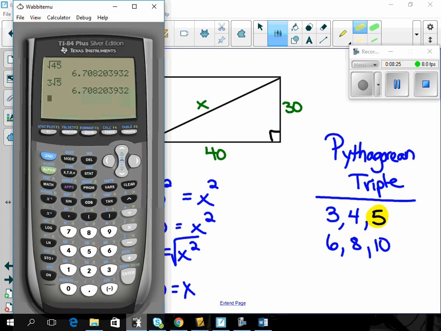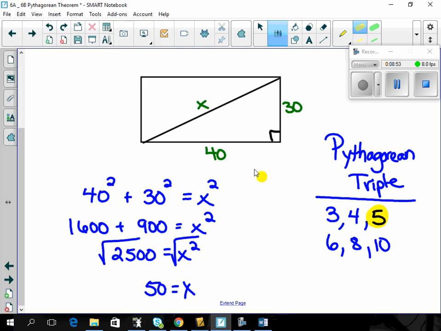Let's just double check it. 3 squared plus 4 squared does in fact equal 5 squared. Same thing with 6, 8, and 10. Because 10 is the largest side, it's the hypotenuse. So 6 squared plus 8 squared should equal 10 squared, and it does. We'll talk more about Pythagorean triples next time, but they're all similar triangles, which is interesting. At least these 2 are.